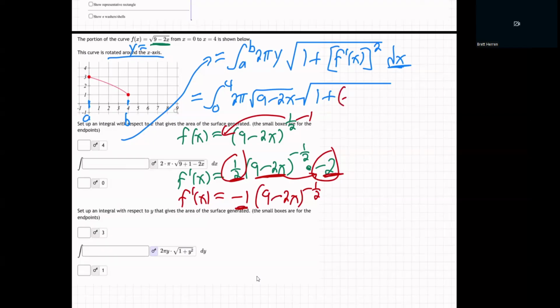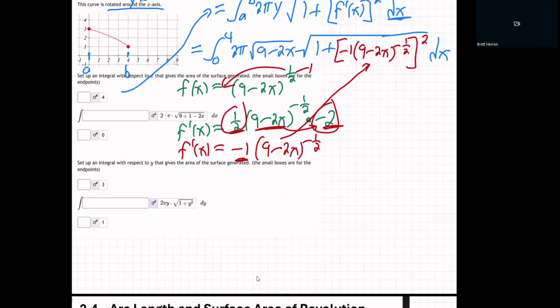So I'm going to go negative 1. Well, here, let me use a bracket for clarity. Negative 1 times 9 minus 2x to the minus a half, squared, dx. So I just popped f prime of x right in there. Okay, so now we've got to do some simplification.